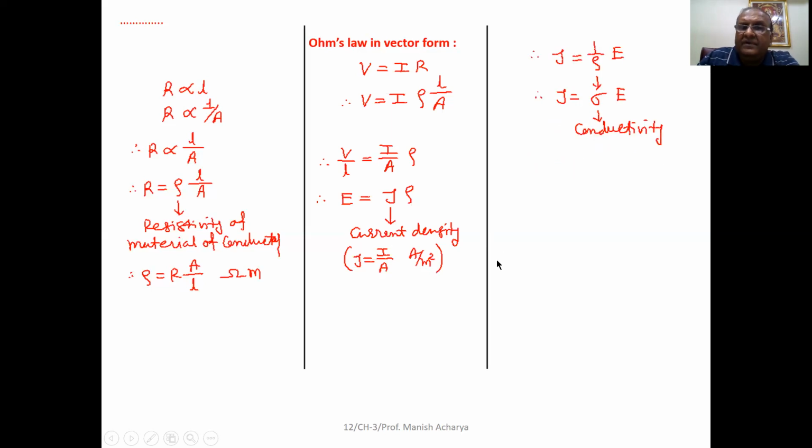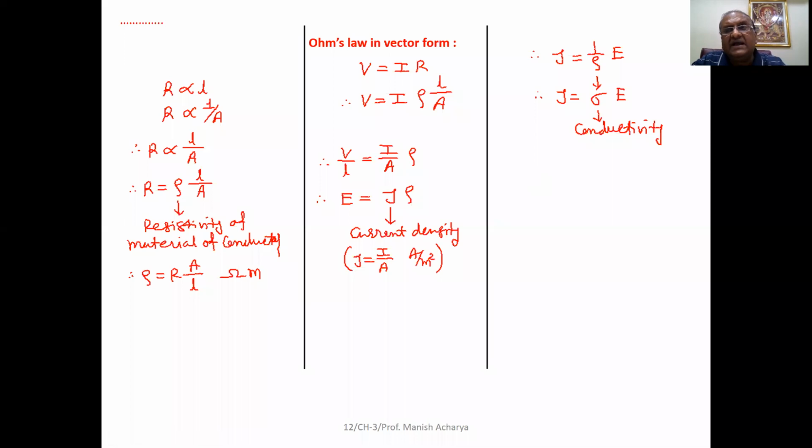Now, make J the subject of the equation. So we can write J equal to 1 upon rho into E. The reciprocal of resistivity is called conductivity, and it is denoted by sigma. Resistivity and conductivity are scalar quantities, but electric field and current density are vector quantities.